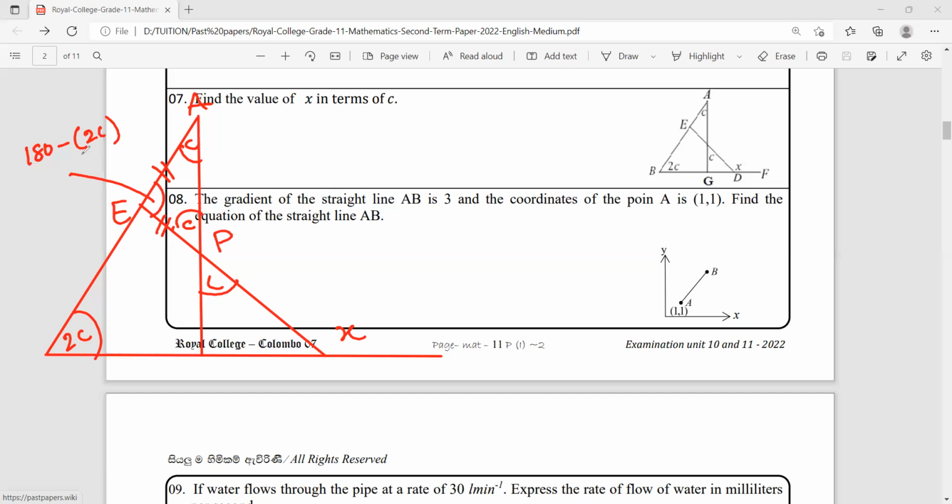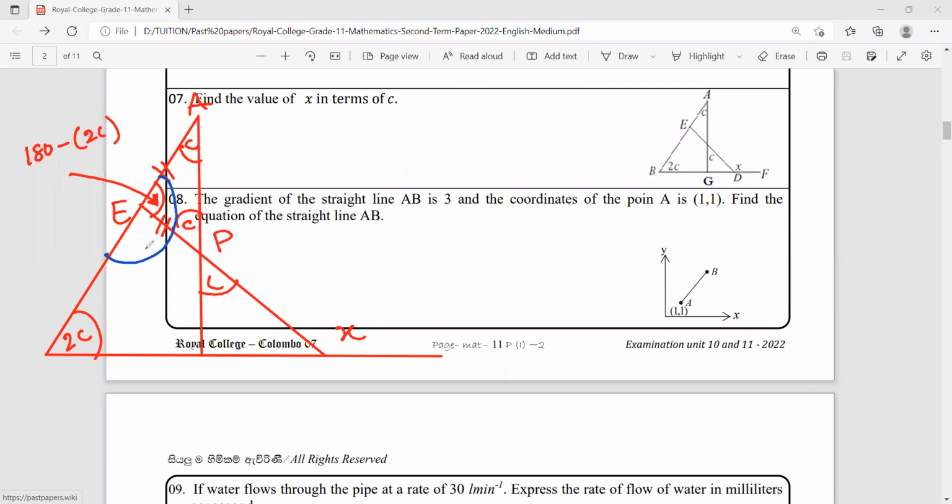And if you subtract 2c from the 180, you get the magnitude of this angle, right? So if it is 180 minus 2c, and you know this angle is equal to 180.